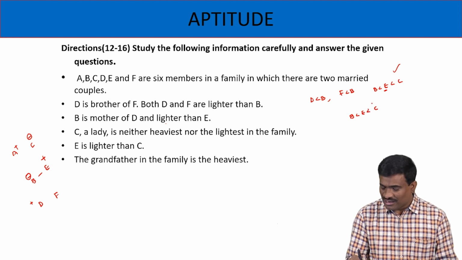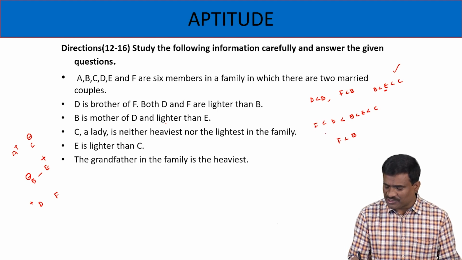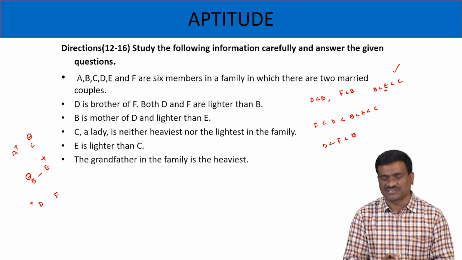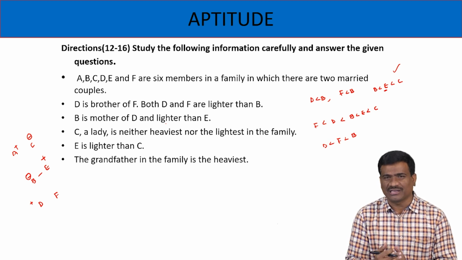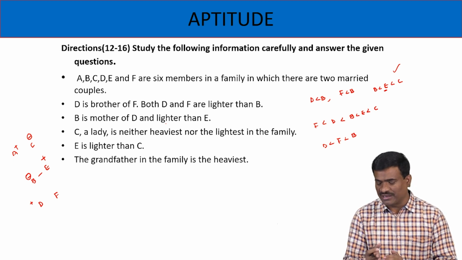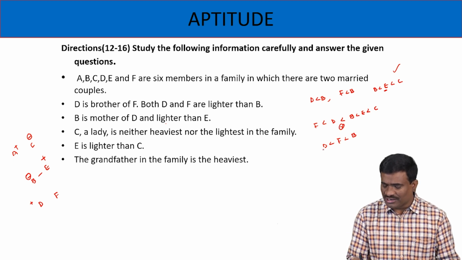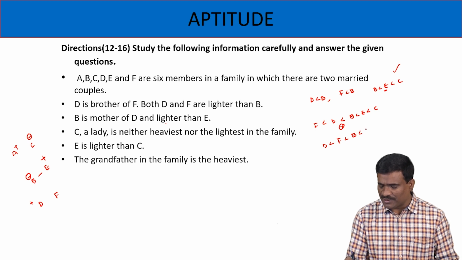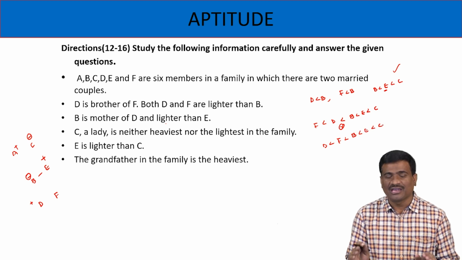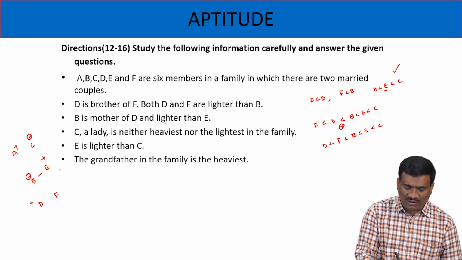Next, D less than B, F less than B. First possibility, D less than F. Second possibility, F less than D. Because the relation is not given, F less than D is possible and D less than F is also possible. Here only two possibilities exist. First, F less than D, D less than B, B less than E, E less than C. Second, D less than F, F less than B, B less than E less than C. Except A. But A is the heaviest person by the last statement.